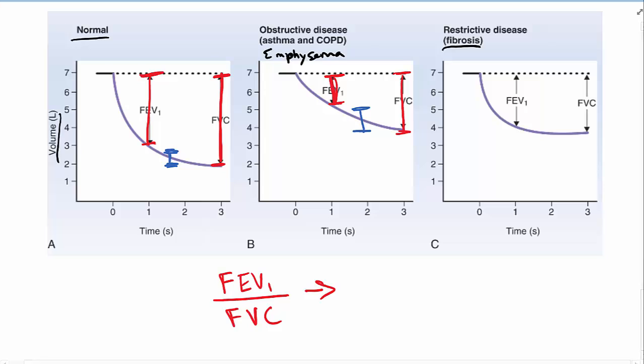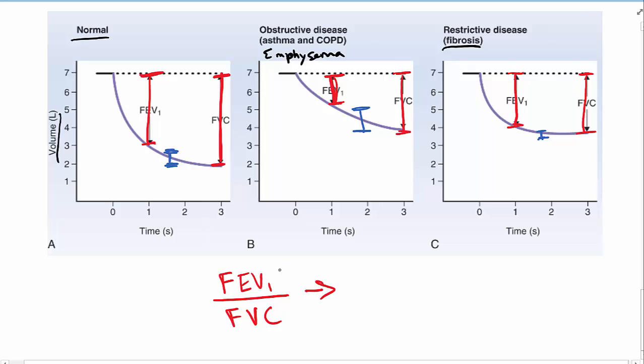Now, someone with pulmonary fibrosis, on the other hand, if you look at their FEV1, they can expire almost all of their forced vital capacity within the first second because they have increased lung recoil. So they don't really have much left after that first second.